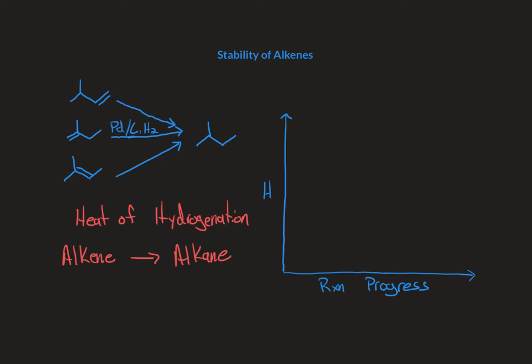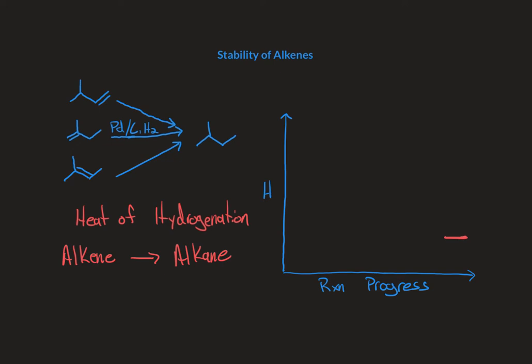So if we look at these examples of alkenes, if we hydrogenate them, they all form the same alkane. And so the products of these three reactions have the same energy. And we're going to estimate that to be right there. But the starting materials don't necessarily have the same energy.